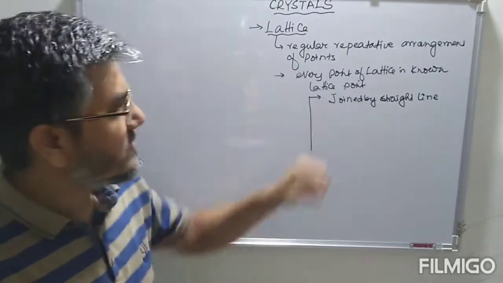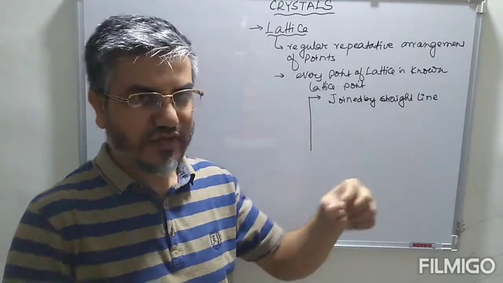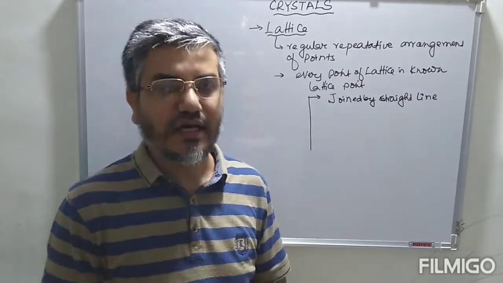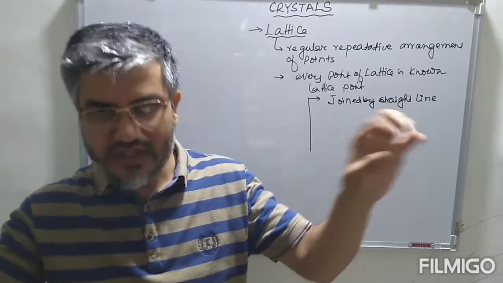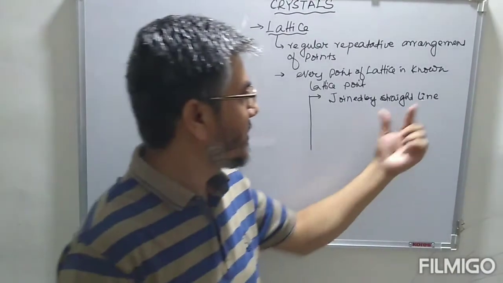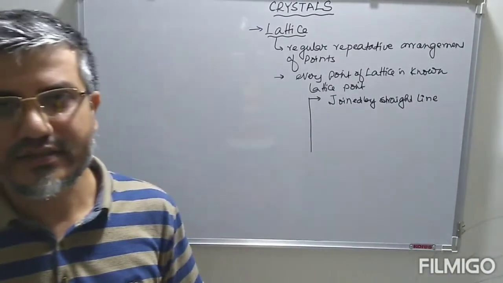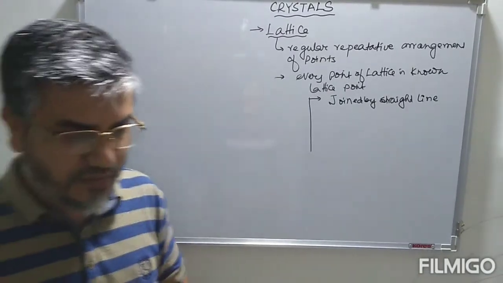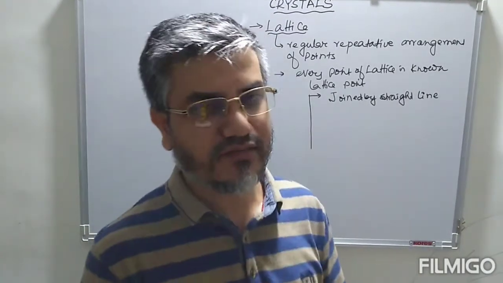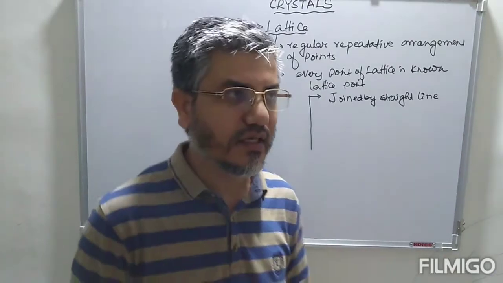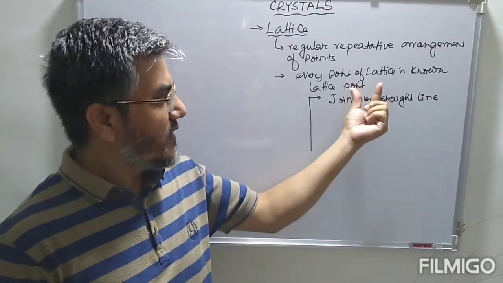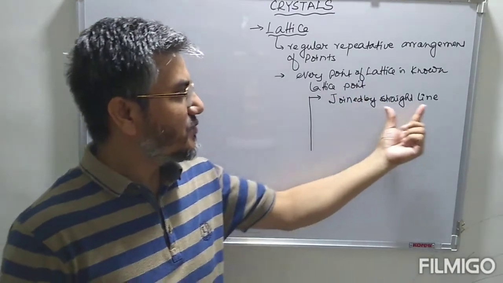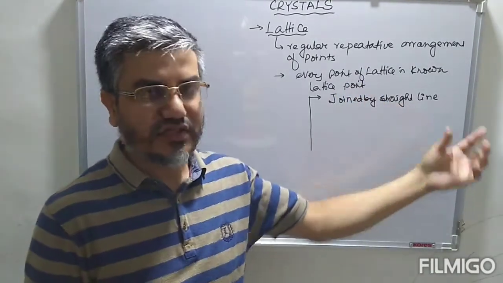Between any two points, the line joining them should be a straight line. So any two lattice points cannot be joined by a curved line or a zigzag line. One very important feature of a lattice is that each lattice point is joined through a straight line.